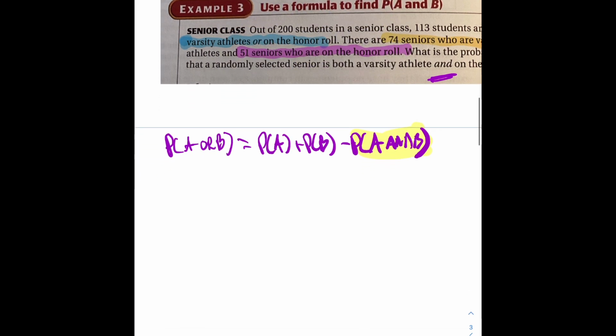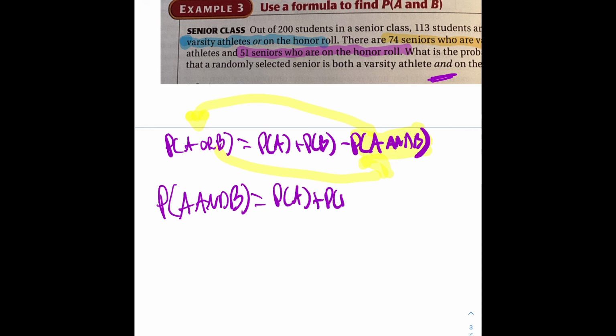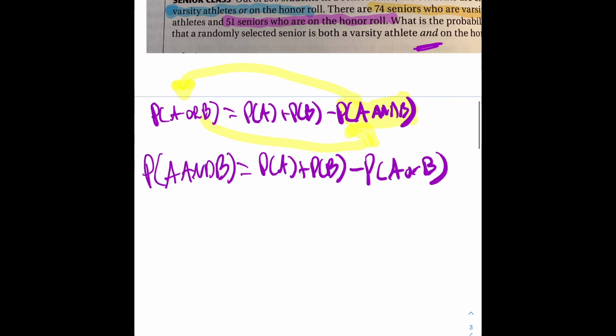So all I'm going to do is add it over here, and then subtract this one. So my new equation is the probability of A and B equals the probability of A plus the probability of B minus the probability of A or B. And now I've got enough information to really go through this.